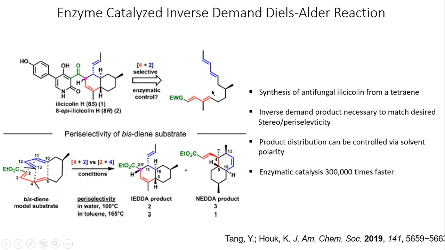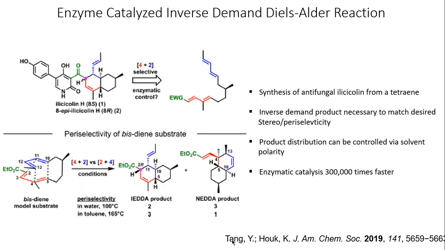What they were looking for is the stereoselectivity as well as what they call periselectivity. The periselectivity part is: is this going to be inverse demand and do a 4+2, or is it going to be normal demand and just do a 4+2, but with a different diene?